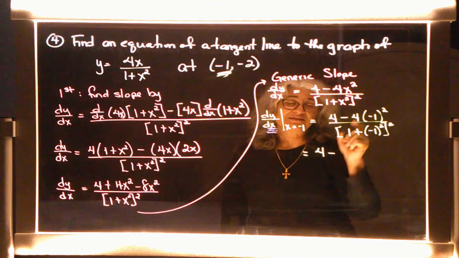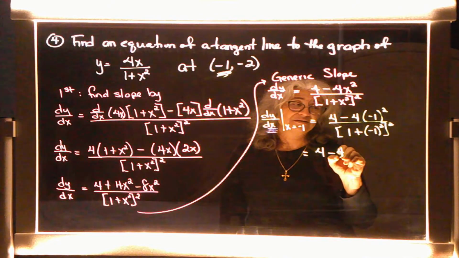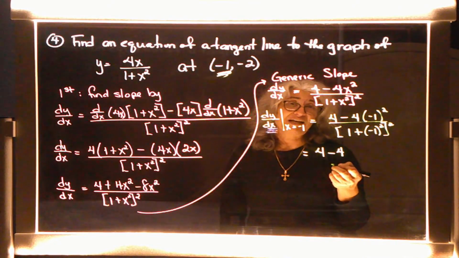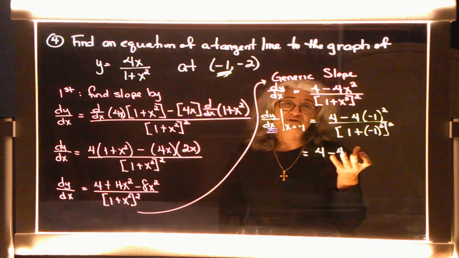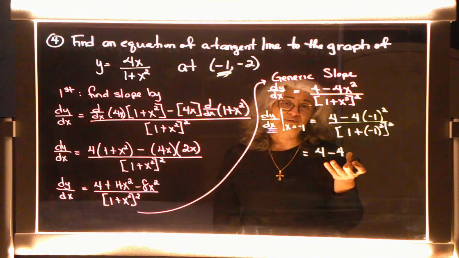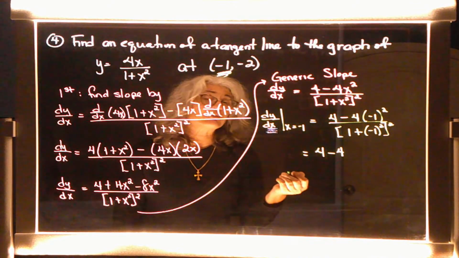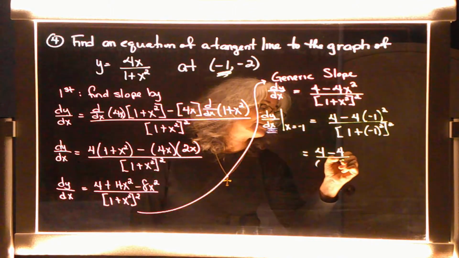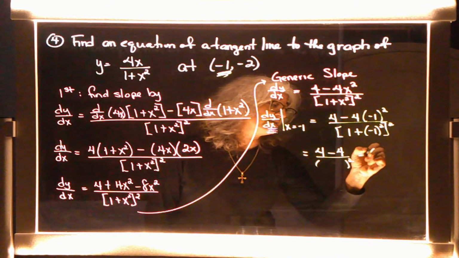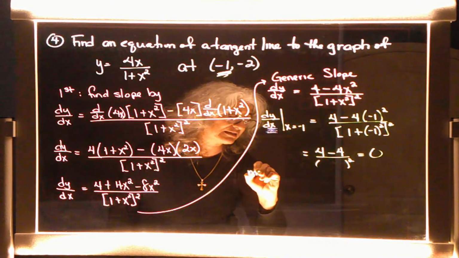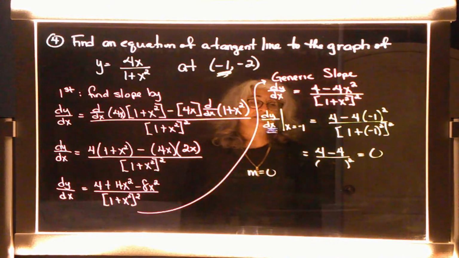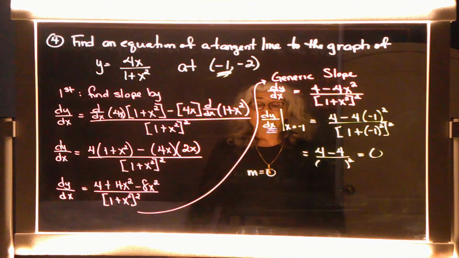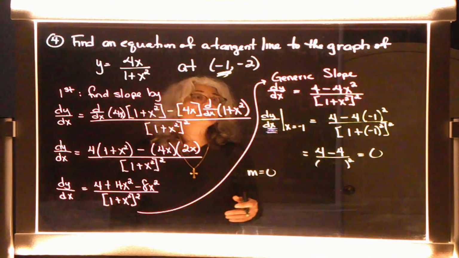So 4 times positive 1 is still a 4, isn't it? Well, I feel like I don't even have to deal with the denominator, because what am I getting for this derivative? Yeah, I'm getting a 0, which means my slope, right? I don't really care what this thing is squared. This is going to equal 0, which means my slope is 0 in this case, isn't it? So be it. My slope is 0.